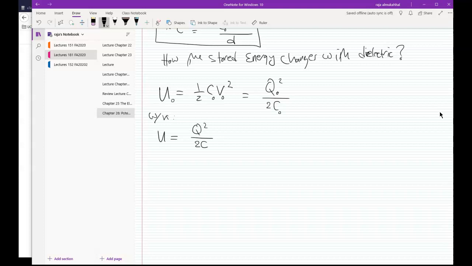Is that right? Remember, Q naught is equal to Q. I'm comparing this one with this one. So the Q's are equal here, but I know that C is equal to kappa C naught.